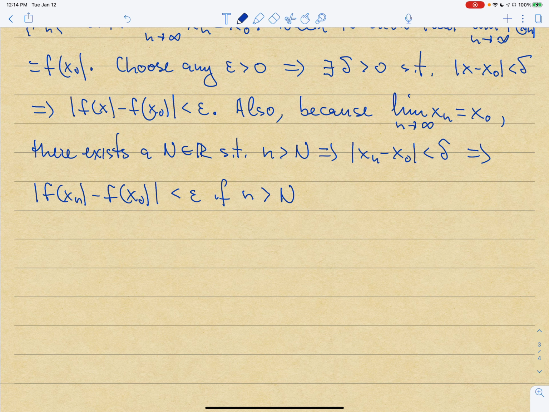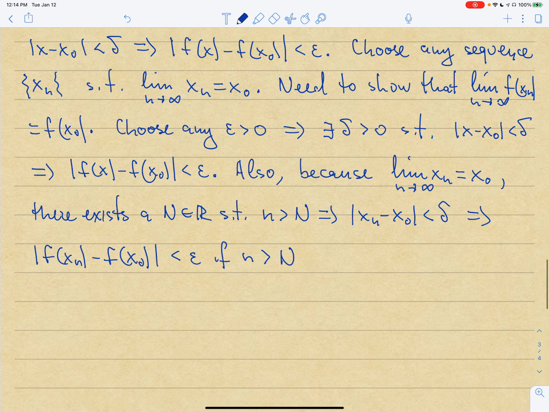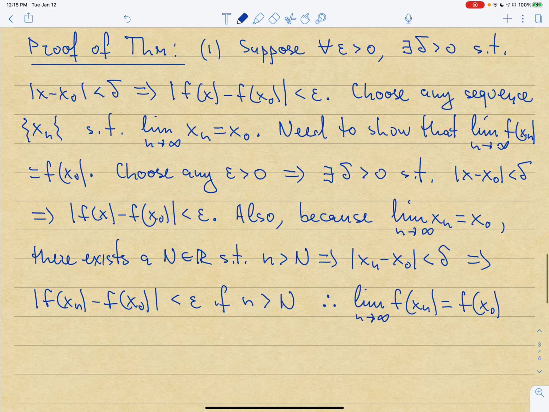I can make xn delta-close to x0 because xn converges to x0. And if |xn minus x0| is less than delta, then |f of xn minus f of x0| is less than epsilon, because of my assumption. And so if there exists a capital N such that this is going to be true for any epsilon, the conclusion is that the limit as n goes to infinity of f of xn must be equal to f of x0, and we're done with this step.